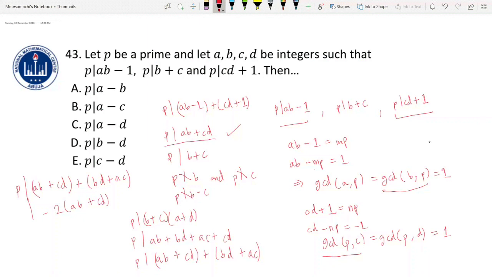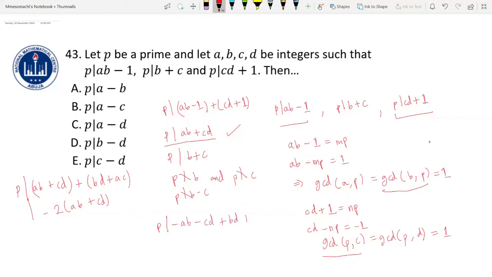So this is equivalent to P dividing minus AB minus CD plus BD plus AC. So we can try and factorize this.